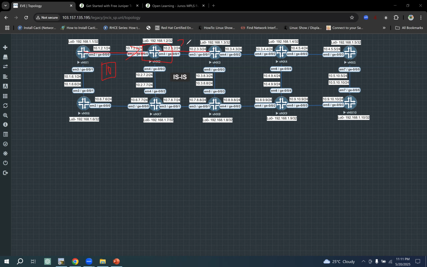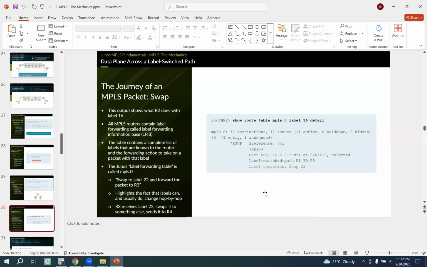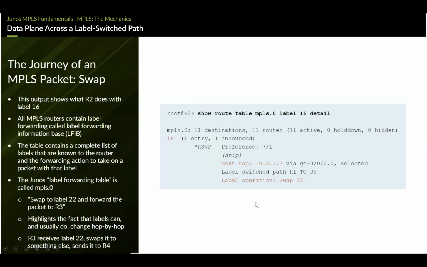It changes the label, it can be random. Just for example, the incoming label is 10 and the sending label is 20. It's an example. This label distribution is basically controlled by the label distribution protocol.